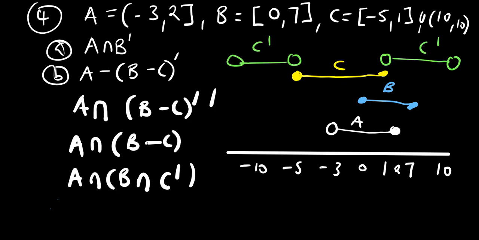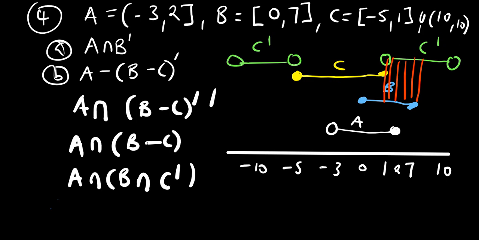Now we're trying to find the intersection between B and C complement. On this side it has nothing to do with B, it only has something to do with C. So on this side is where they've got something in common. So we want this part. That is our B intersection C complement.